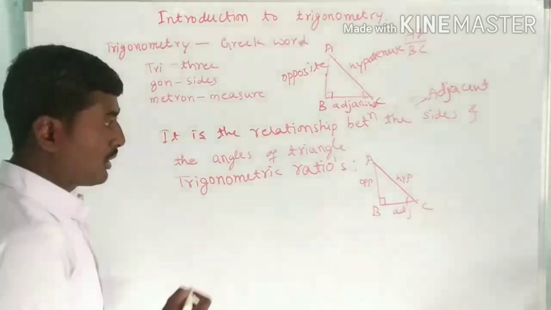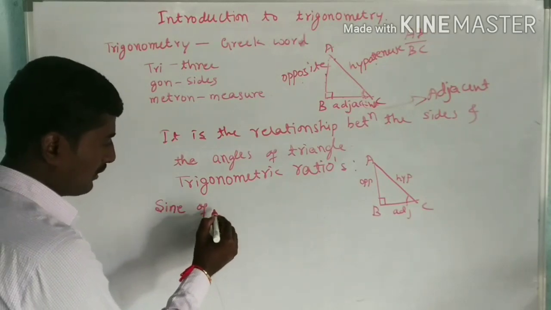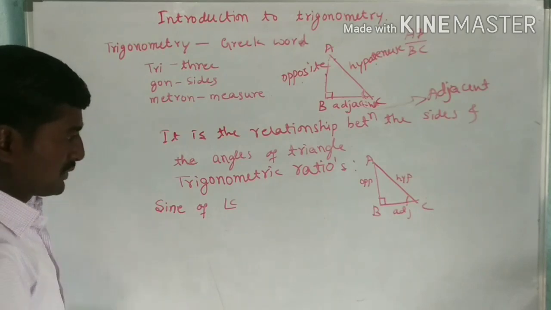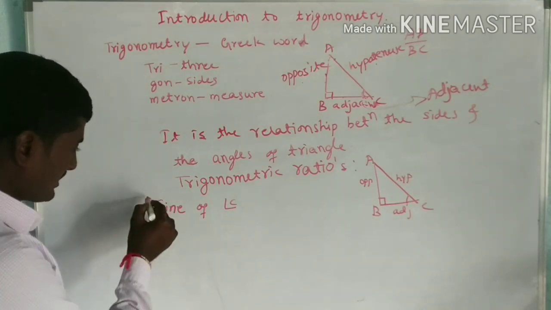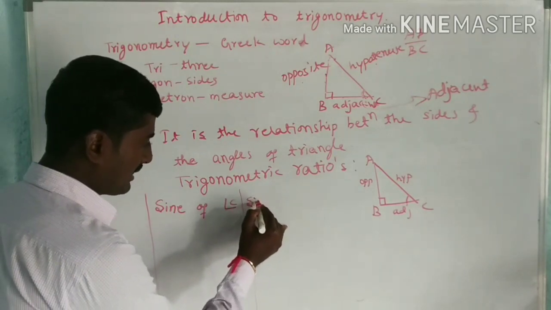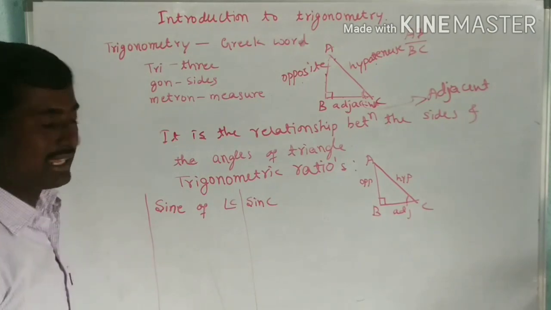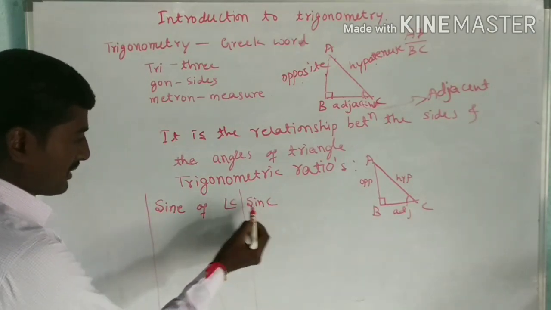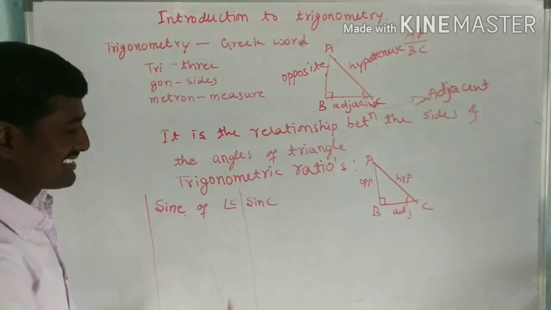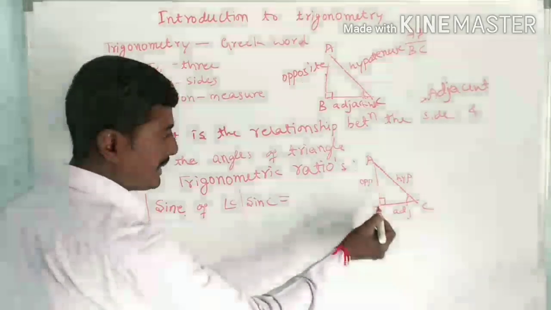So there is one trigonometric ratio, that is sine of angle C. In a simple, shortcut way, I can write this as sin C. So this is equal to the ratio AB divided by BC.